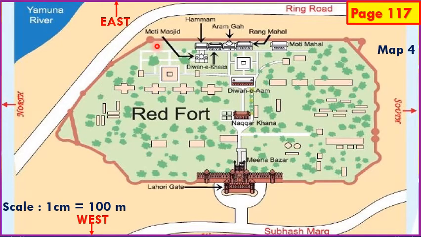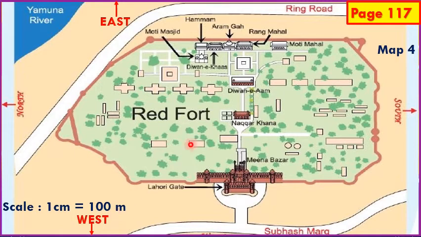So, when we have to show a big area on a small paper, we have to reduce it by a fixed ratio everywhere so that the relative distances and positions of different buildings remain the same. Here in this map, scale is taken as 1 centimeter is 100 meters.